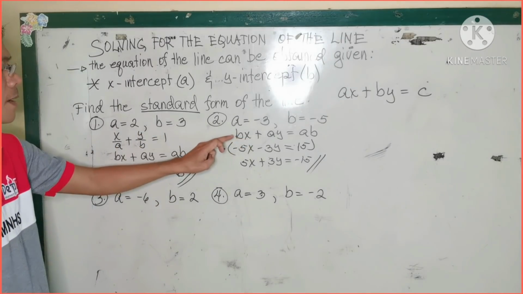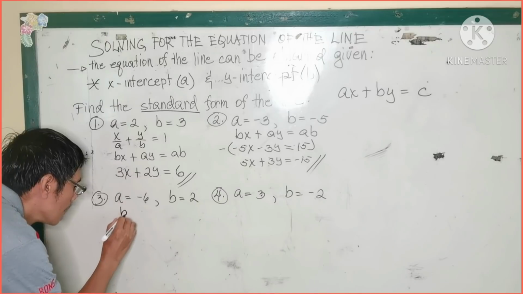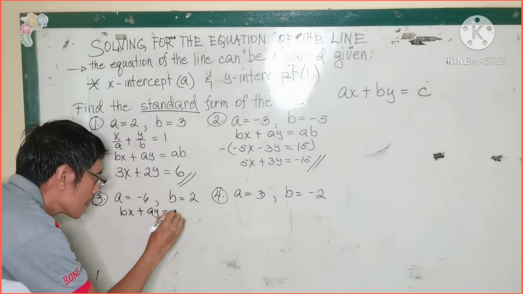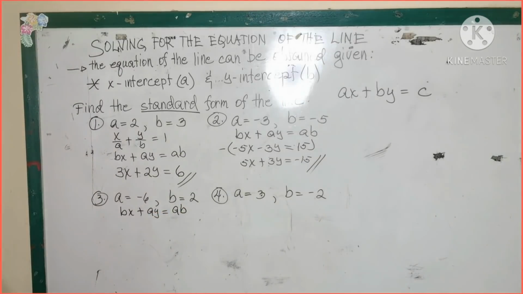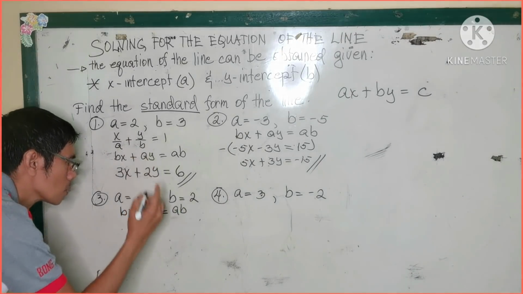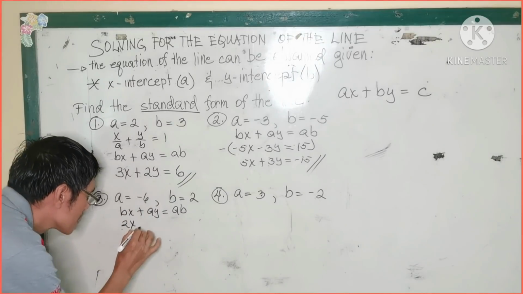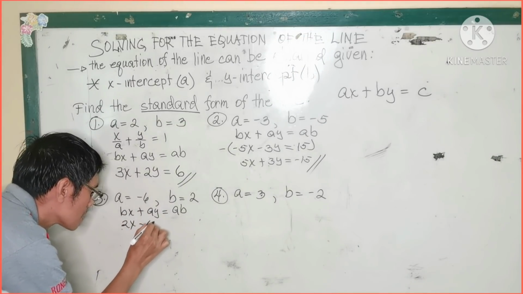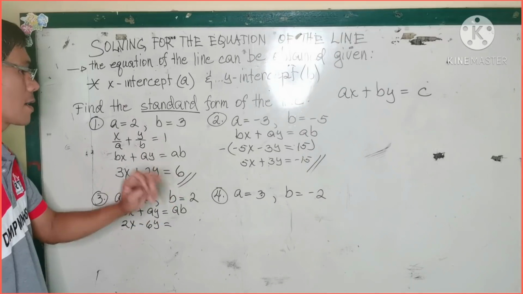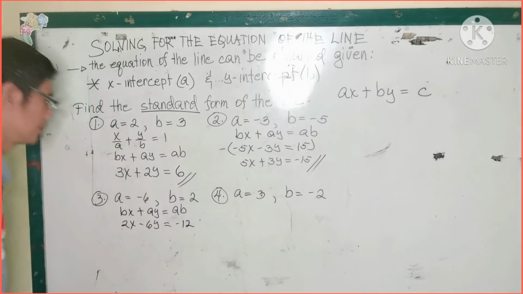So using the form bx plus ay equals ab. Substituting the values of b and a, so our b is 2, so we have 2x. Our a is negative 6, so negative 6y equals, multiply, negative 6 times 2, we have negative 12.